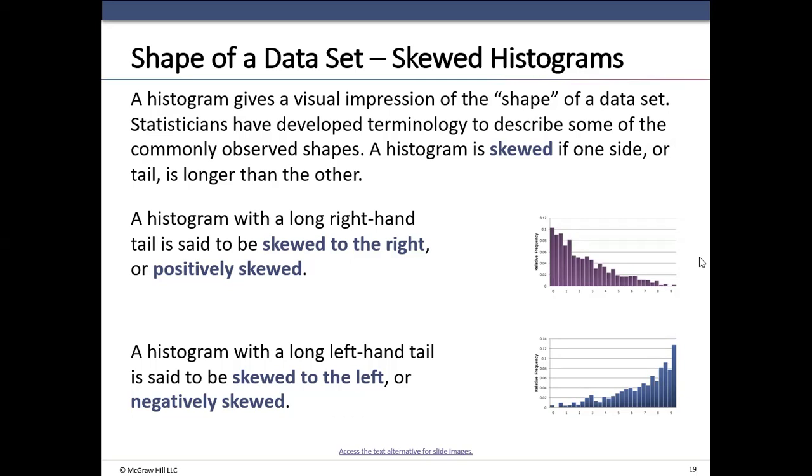Hence, this type of histogram is called positively skewed or right skewed. On the one on the bottom, you look for the relative frequency highest on the extreme right class. And then there are many data points below it. So it is heavy on the smaller data side. So it is left skewed or negatively skewed.